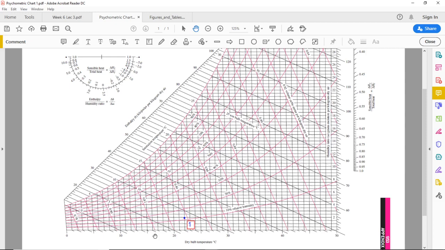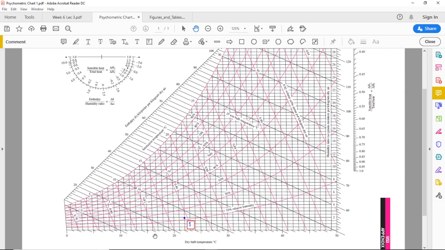First, I will solve the problem by using just the equations. The end point of the process will only be located if we know two of the properties at that end point. One of the properties that we can easily find out is the humidity ratio by using the equation for the mass balance of water vapor, that is m dot w is equal to m_a into (w2 minus w1).